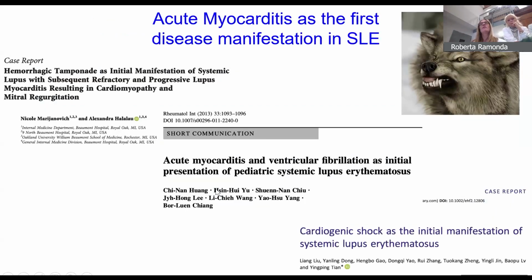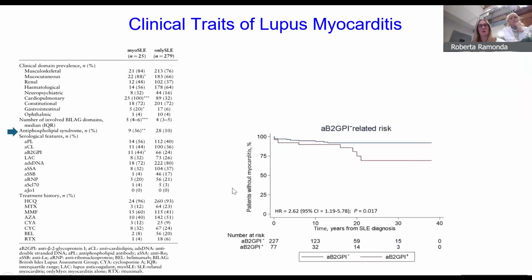It is also well reported in the literature that among patients with acute myocarditis presenting with cardiogenic shock, this may be the first manifestation of lupus, leading to the diagnosis of the disease itself.